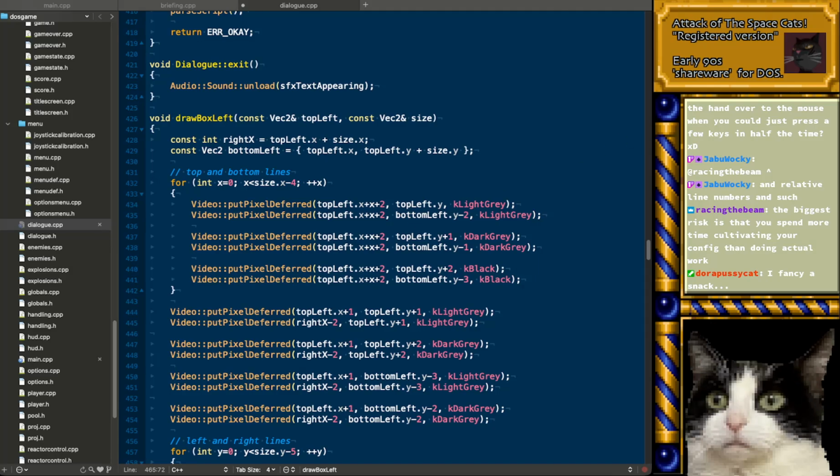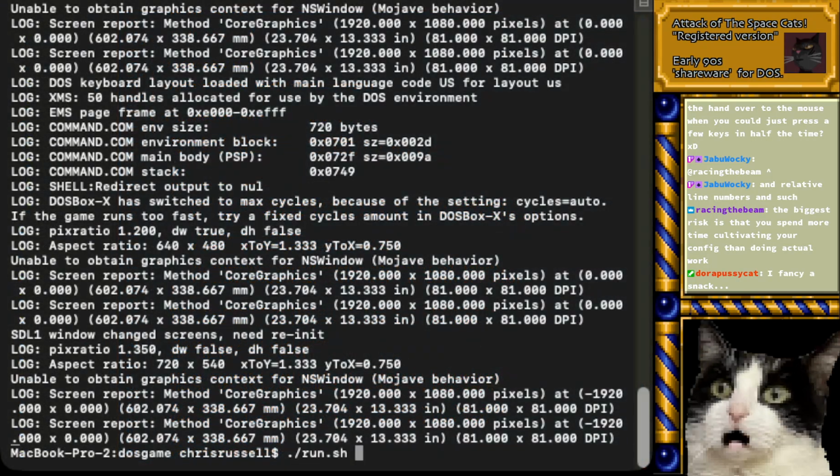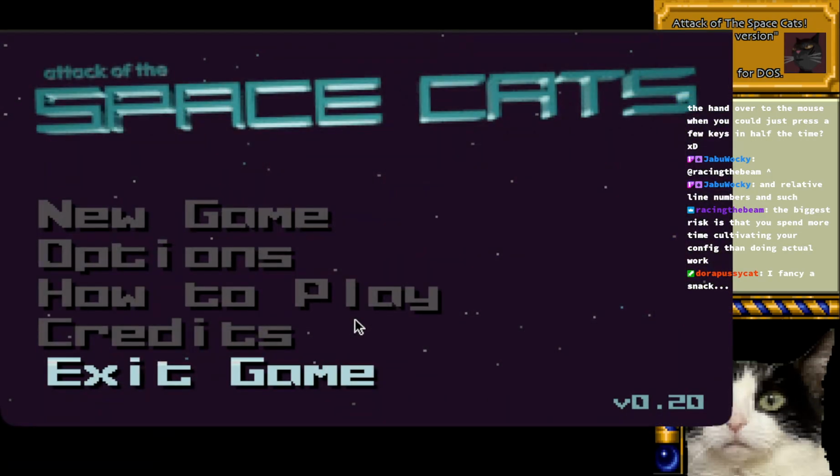Do you know what I could do with? I could do with a screenshot of this because I cannot remember what it looks like. There we go. Ah, yeah, I remember this. For some reason, you can't get a screenshot of it. Oh, it's also not on the stream again. Thanks, OBS.